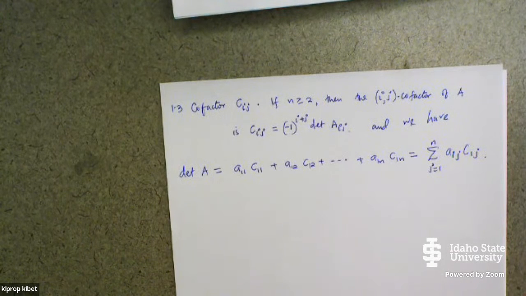So you decide to use the first row. In this case, we are just using the cofactors on the first row.